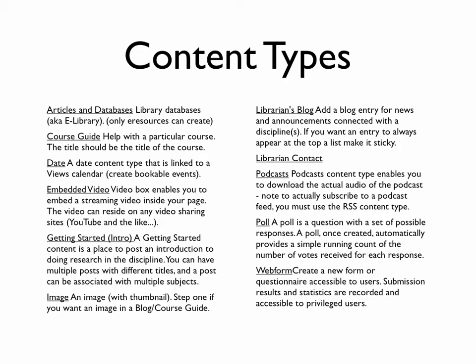A date could be turned into an event that you could get people to sign up for. And you can embed videos. In fact, you can embed videos in many different content types, but there's a separate one for embedding videos right now. A getting started or intro page, and I'll show you how that comes in. An image content type, a blog content type, a librarian contact content type, a podcast, a poll, and a form. That's what's available right now.